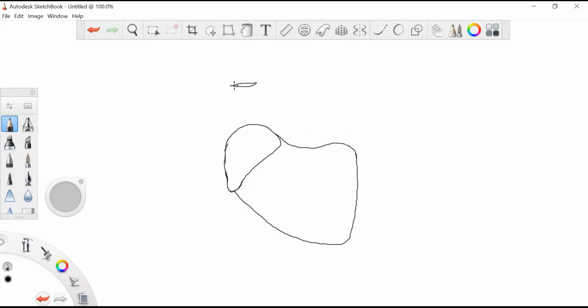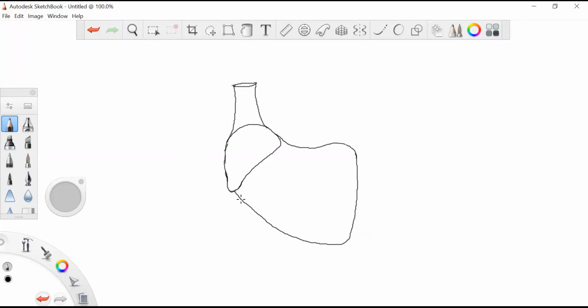This would be the superior vena cava. The superior vena cava carries deoxygenated blood from your upper limbs, and also your head and neck, back to the heart again. There you go. You have your superior vena cava.